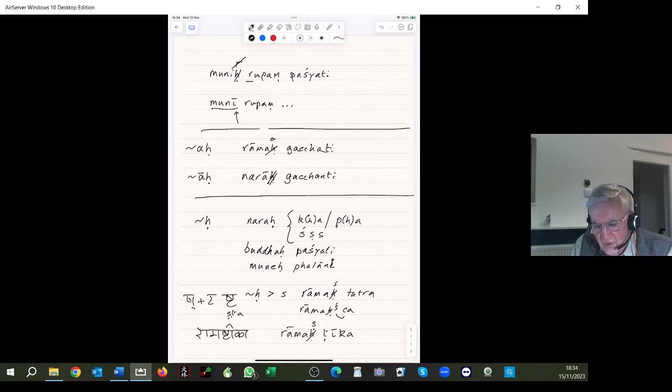Now we're going to see what happens when a verb root takes both a prefix and an augment, the augment being this a that gets put on the beginning of the verb for the imperfect. The augment always goes immediately in front of the root. So gam, agachat.